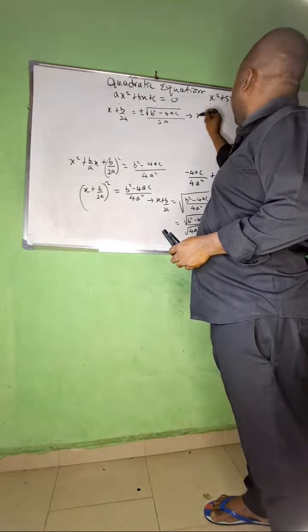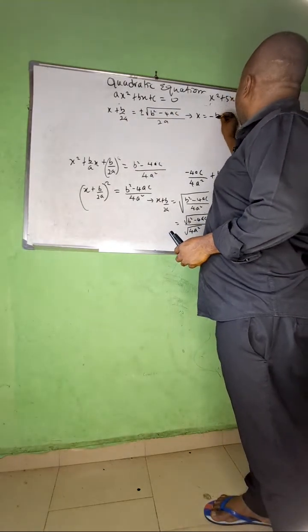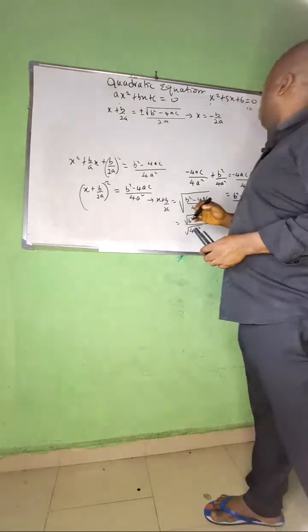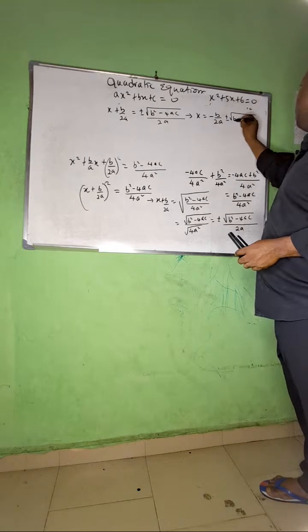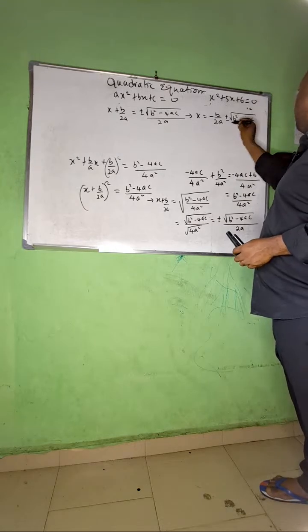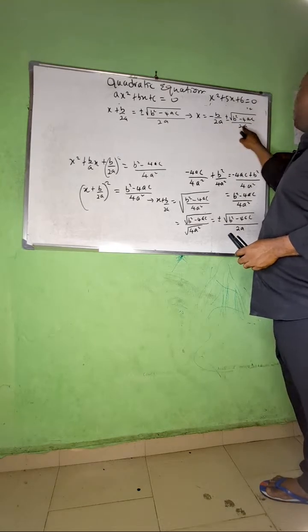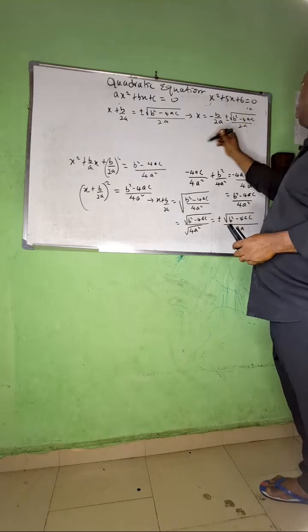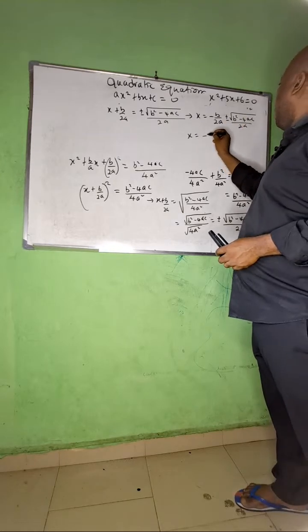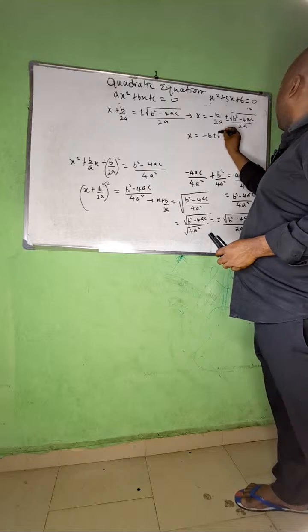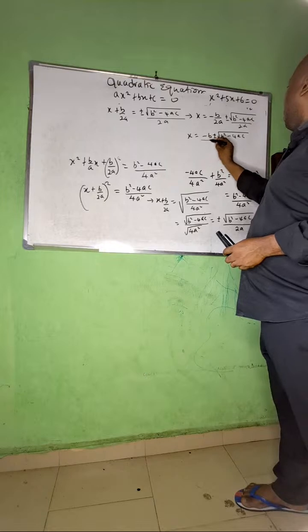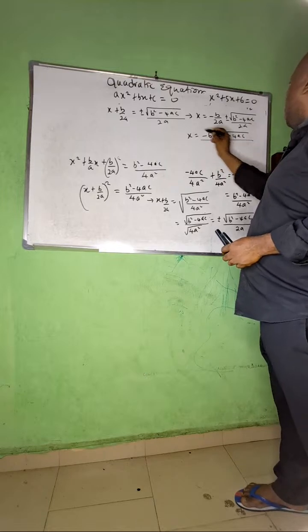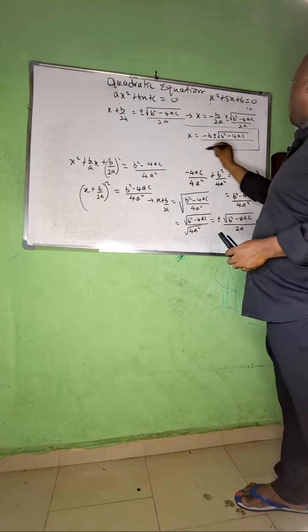It gives us x equals negative b over 2a plus or minus square root of b squared minus 4ac all over 2a. They have the same denominator, so you just add. x becomes negative b plus or minus square root of b squared minus 4ac all over 2a. So this is what we call the almighty formula derived.